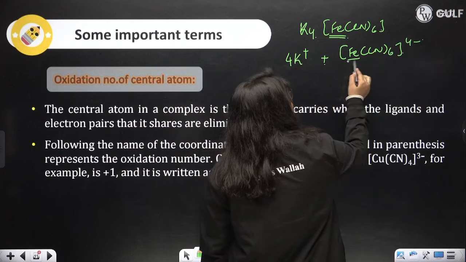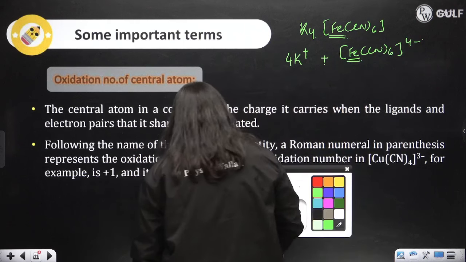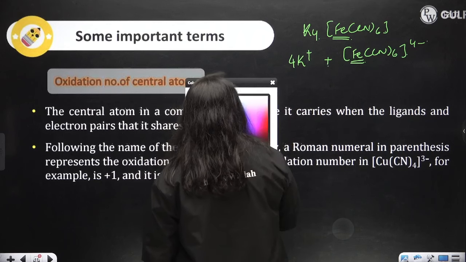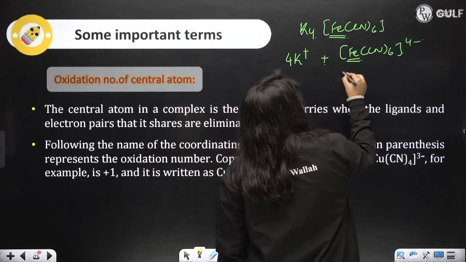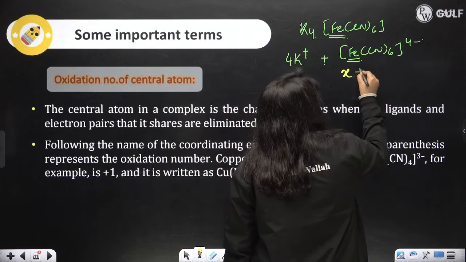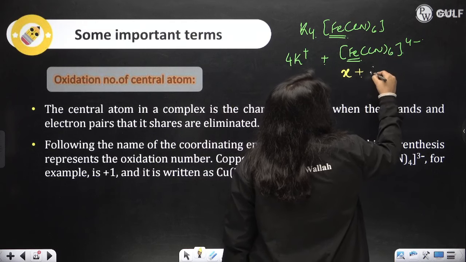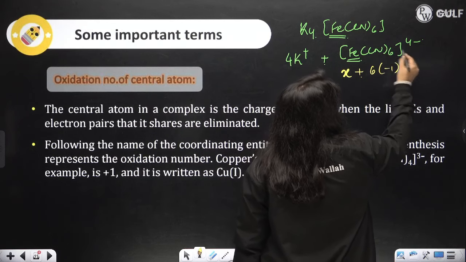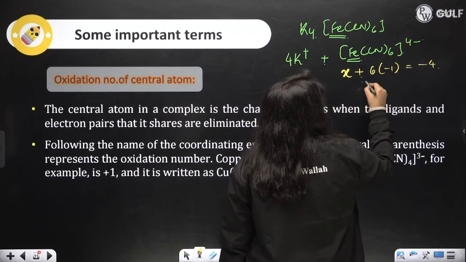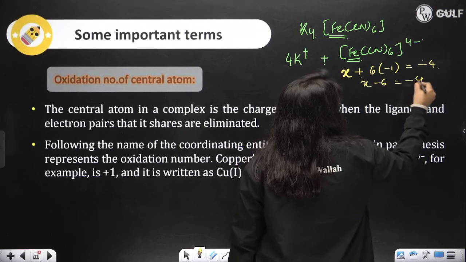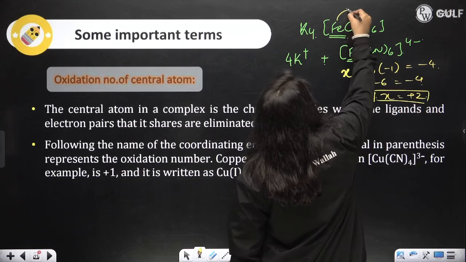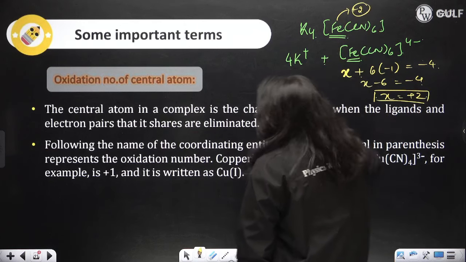Now the oxidation number of iron is going to be, let's take it as X, plus CN has 6 into minus 1, is equal to the charge balanced by this, minus 4. So you get X minus 6 is equal to minus 4. X is equal to plus 2. So the oxidation number of iron over here is plus 2.